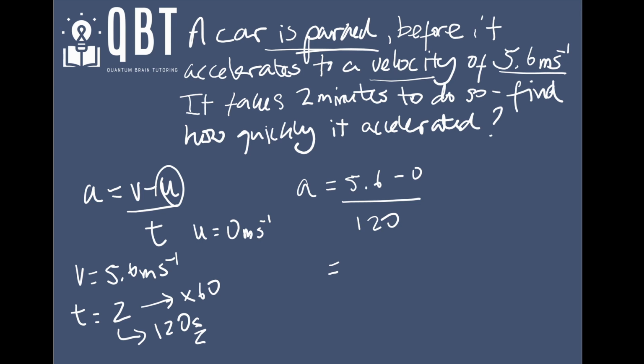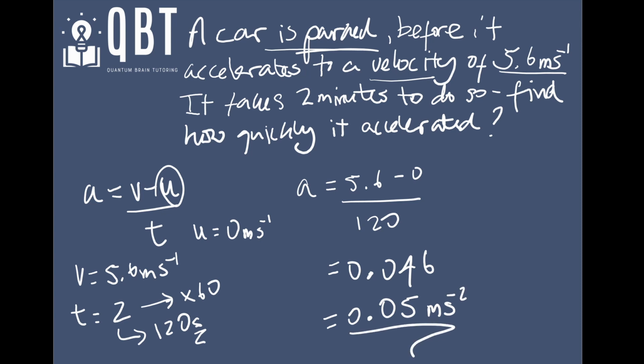If you put that into your calculator, then you should get a value of 0.046 recurring. The 6's go on for quite a while. And we can round this to 0.05 meters per second squared. And that is our answer.